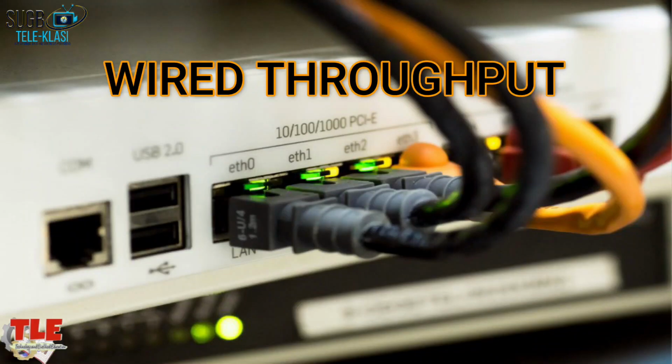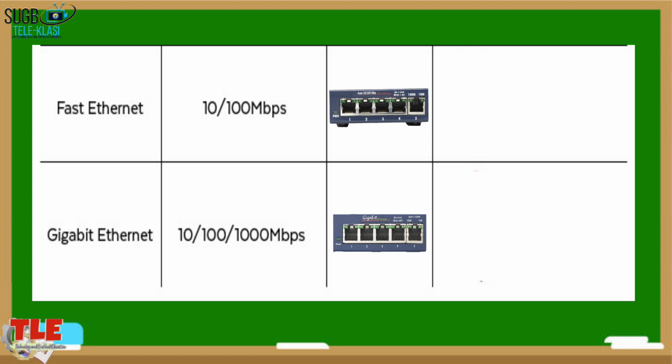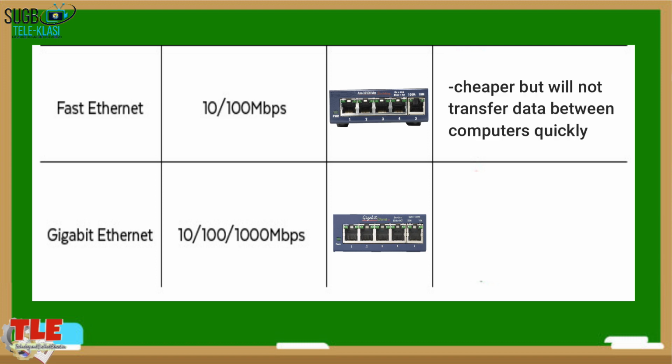Wired throughput. The wired half of your router will come in one of two speeds, 10/100 Mbps and 10/100/1000 Mbps, also known as gigabit. 10/100 routers are cheaper, but will not transfer data between computers as quickly as gigabit routers will.